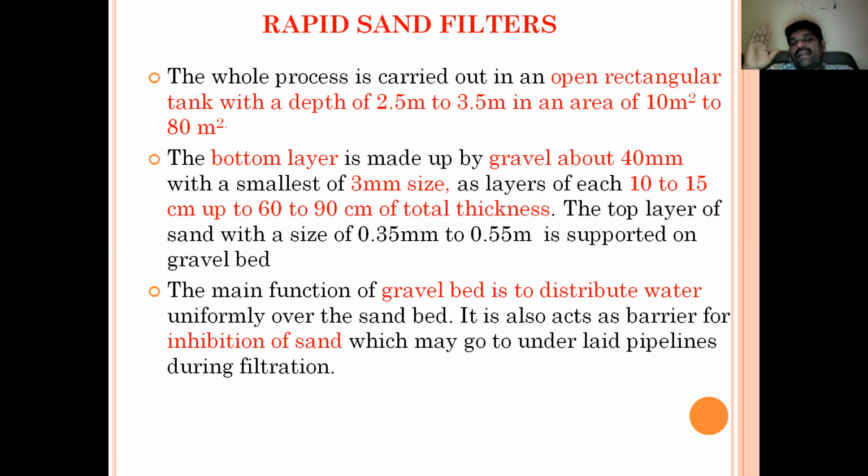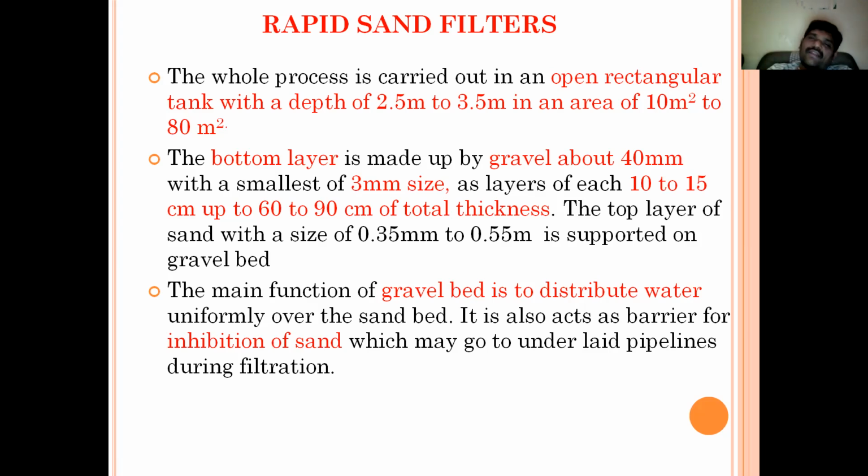See, the gravel bed acts to distribute water uniformly on the sand, and it also helps inhibit the entry of sand into the bottom of the tank. If the sand enters the bottom, the underground pipelines may be damaged.